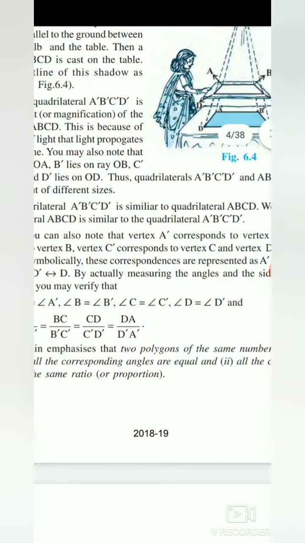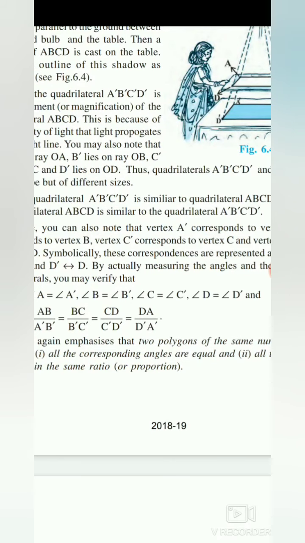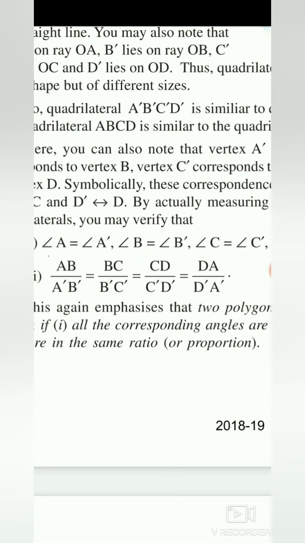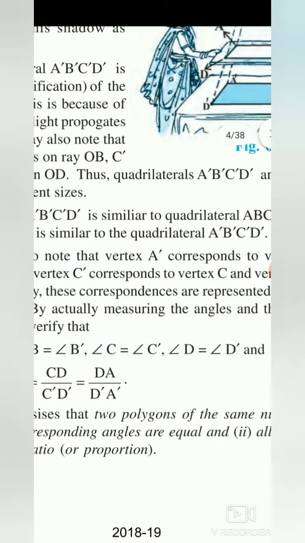But the important thing we want to tell is that angle A and angle A dash are both the same. Suppose it is 35, so A dash will also be 35. Like that, B and B dash will be the same, angle C and C dash will be the same, and angle D and D dash are also the same. But the important thing they have given is that angles are the same but sides are different.